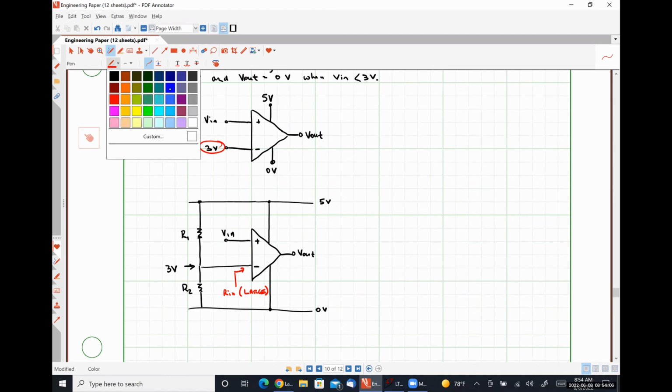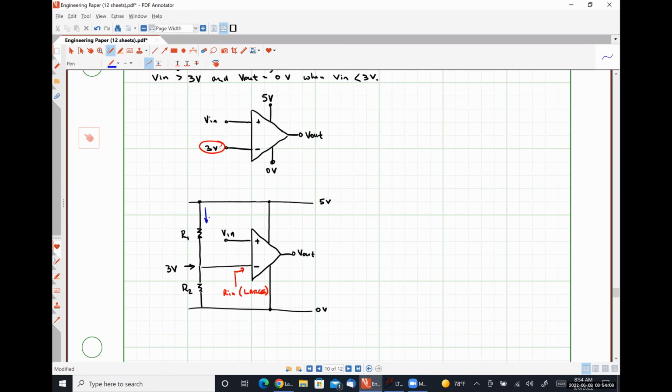So I'll have some current I that's flowing through this resistor R1 because there's a voltage drop over it. Some portion of I, let's call it I prime, would flow into the op amp, and the other portion, let's call it I double prime, will flow towards ground.